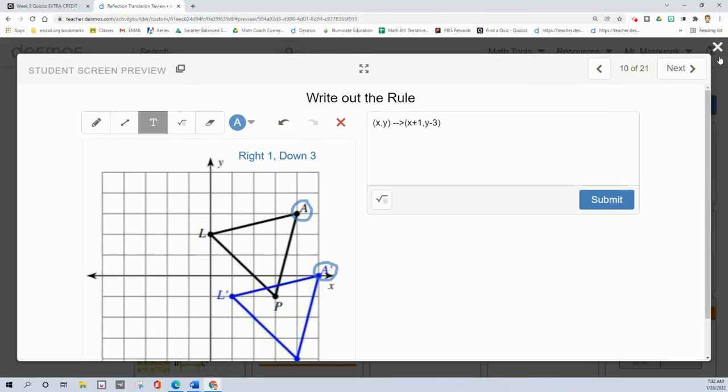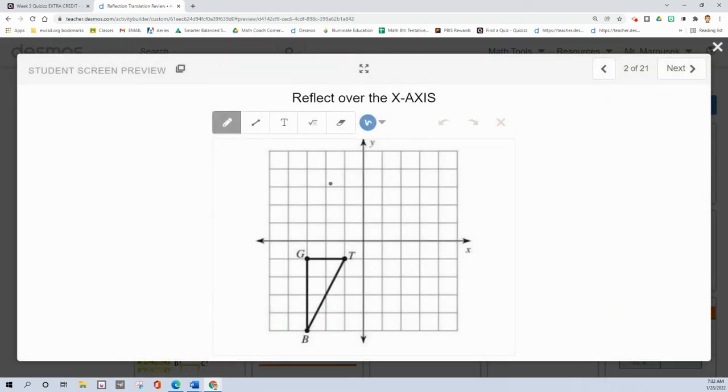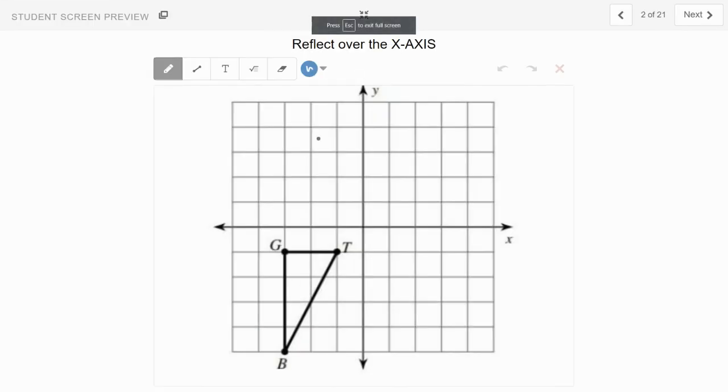All right, let me show you one more that you may see. This is not the actual question. The actual question will be like this, and I'm going to type it out.